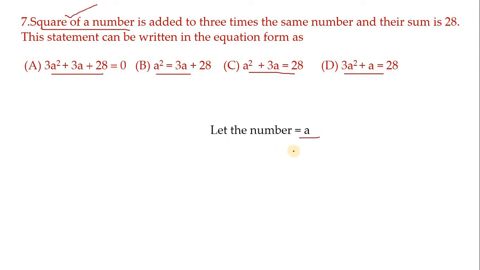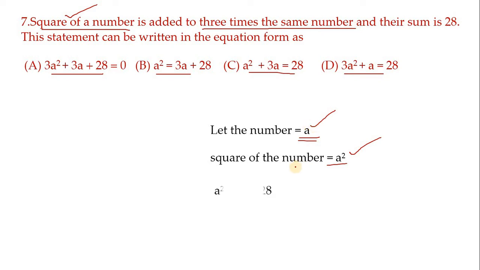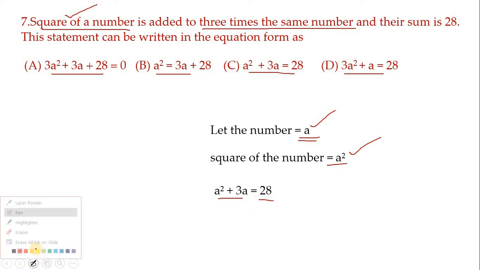Next, square of this a, that is a square, and this a square is added to a. That is what they said in the problem. The square of a number is added to 3 times the same number. 3 times the same number means 3a children, not only a. So a square is added to 3a, we get 28.